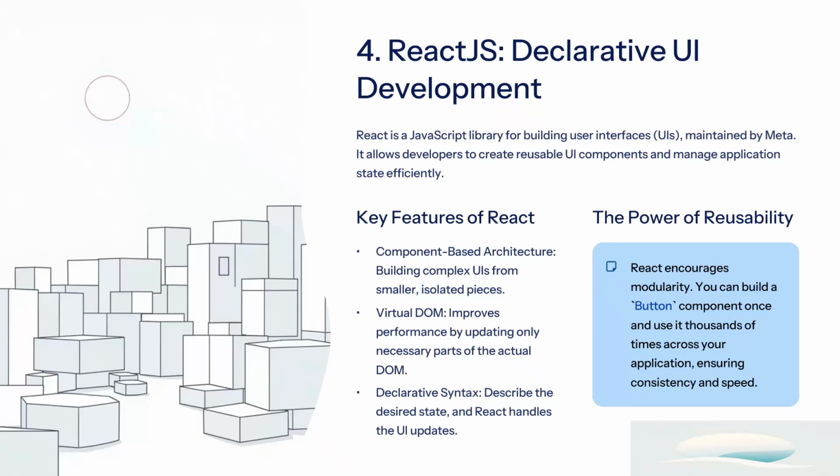We have component-based architecture, used to build complex UI from smaller and isolated pieces. And we have the virtual DOM. DOM means Document Object Model, and the virtual DOM is a lightweight copy of the actual DOM. Instead of reloading the entire page when something changes, React efficiently updates only the part that needs to change, resulting in much faster performance.